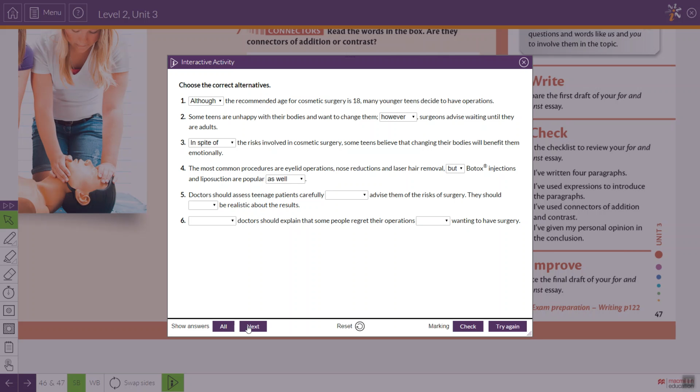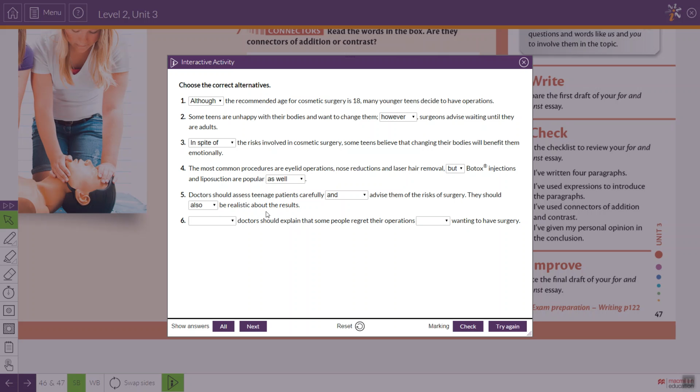Doctors should assess teenage patients carefully, advise them of the risks of surgery. They should be realistic about the results. Okay, so doctors should assess teenage patients carefully and advise them of the risks of surgery. They should also be realistic about the results.